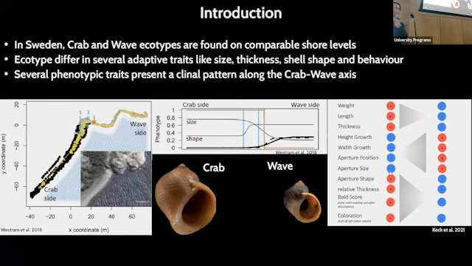You just disturb the snail, so it retracts in its shell, and then you measure how much time it takes for the snail to get out of the shell again. Typically what you see is that the wave ecotype is bolder than the crab ecotype, because it's an advantage to be able to get back on your foot quickly if you're in a place that's battered by the waves.